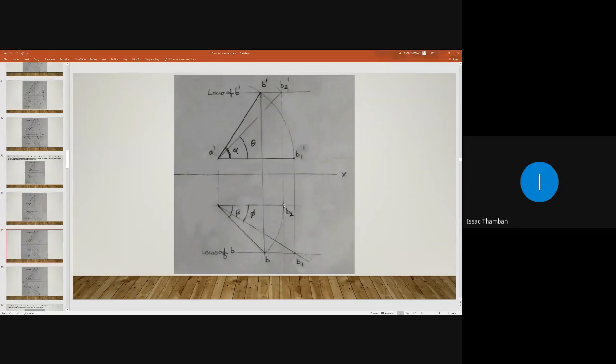So after marking B2, you can locate B2 dash by drawing a vertical projector like this. So from point B2, you draw a vertical projector and it will intersect this locus plane. And that intersection is B2 dash. So obtain B2 and B2 dash.